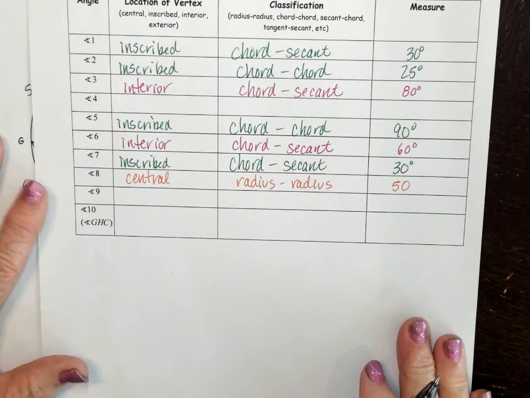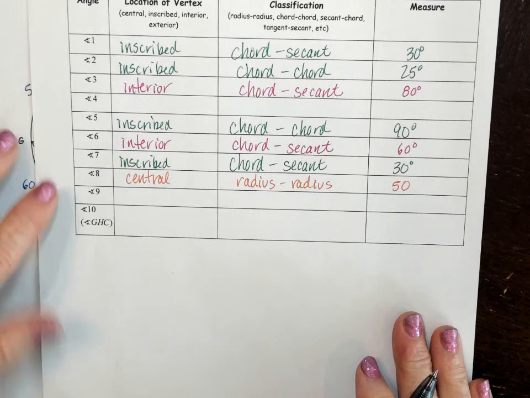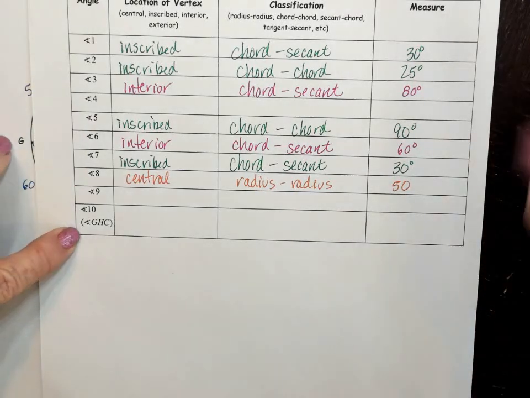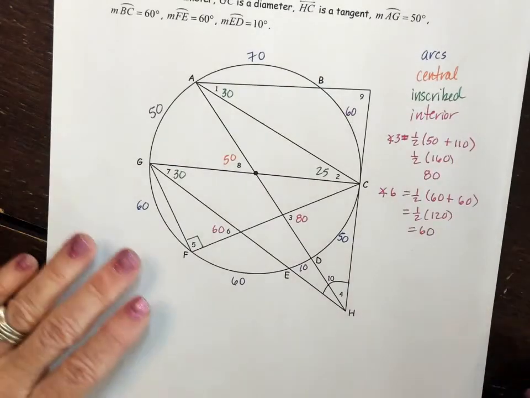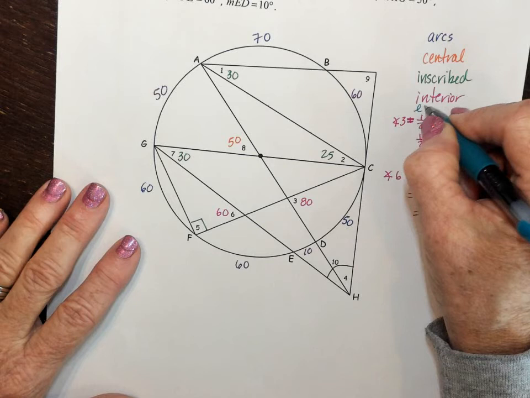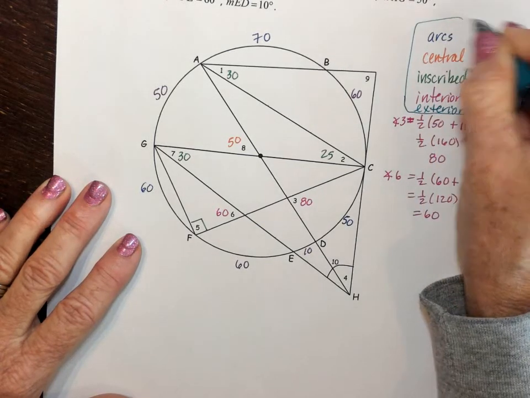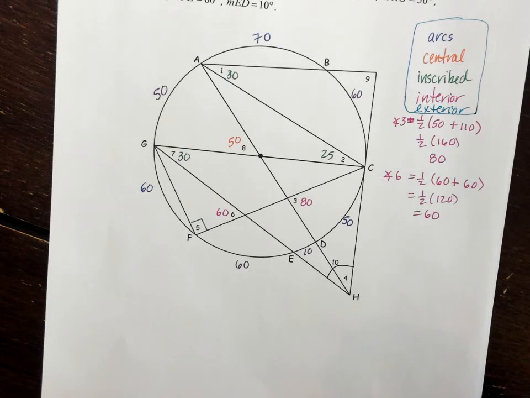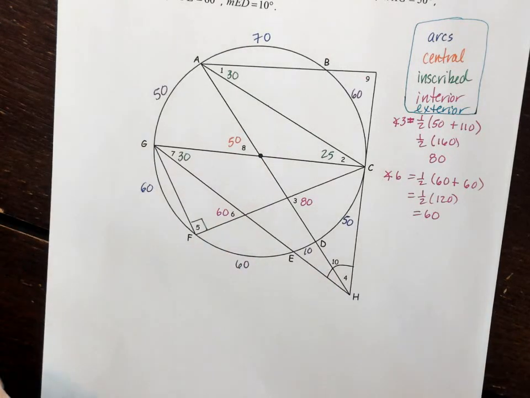Okay, so if we are good and done this, then all the rest of these 3 should be exterior angles. 4, 9, and 10 exteriors. That's kind of the order that we did here. So 4, 9, 10. Perfect.